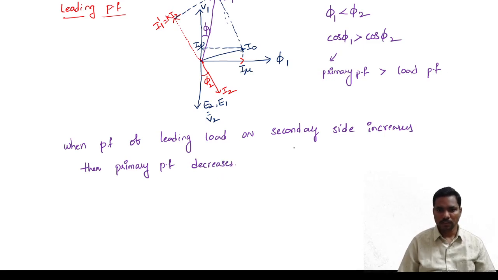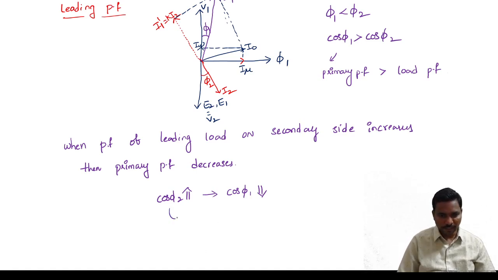That means we can say, as cos φ2 increases, cos φ1 decreases.